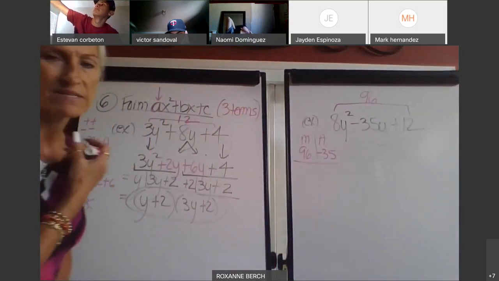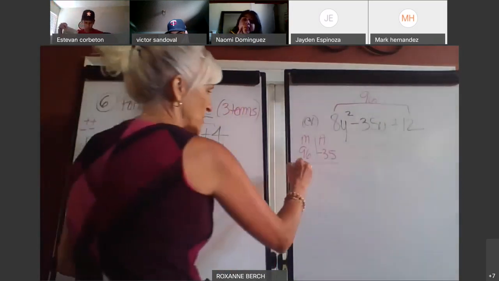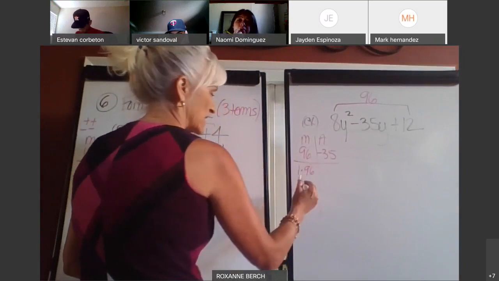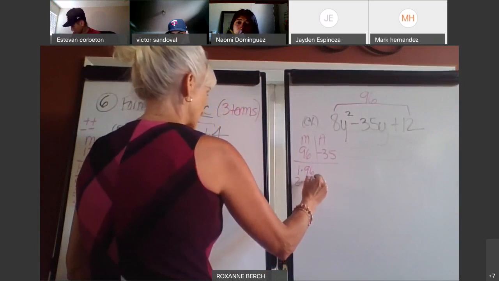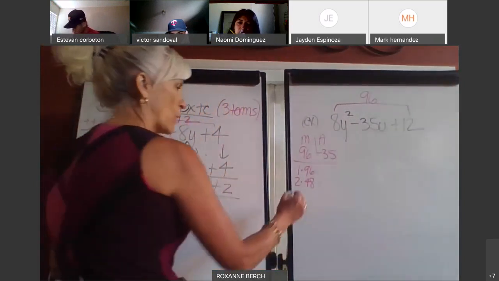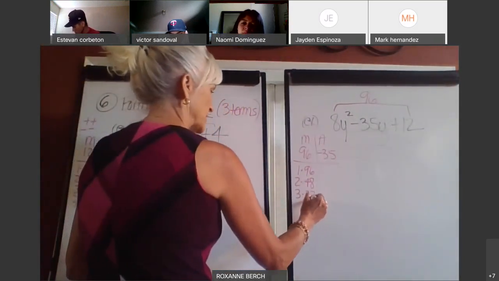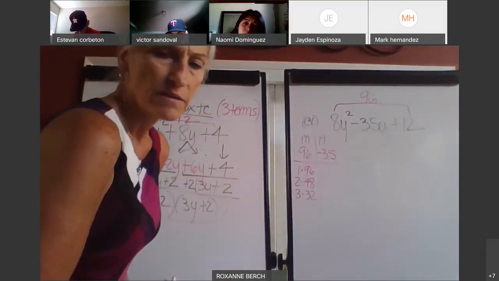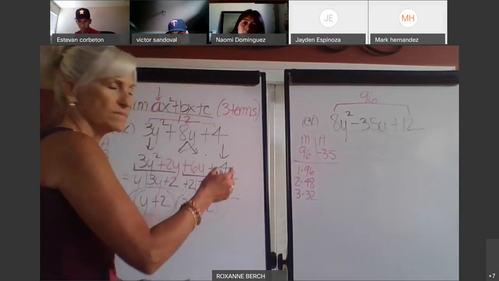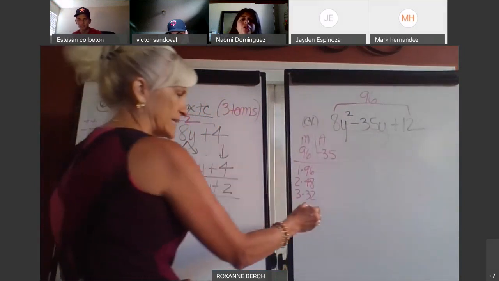Okay, you might have to help me with this. These are numbers I don't know about. So you have 1 times 96. You have 2 times, what, 48? 3 works. 3 times 32. Does 4 go into 96?